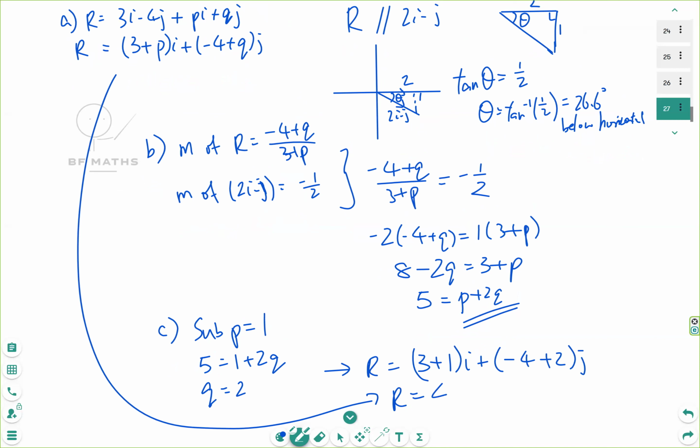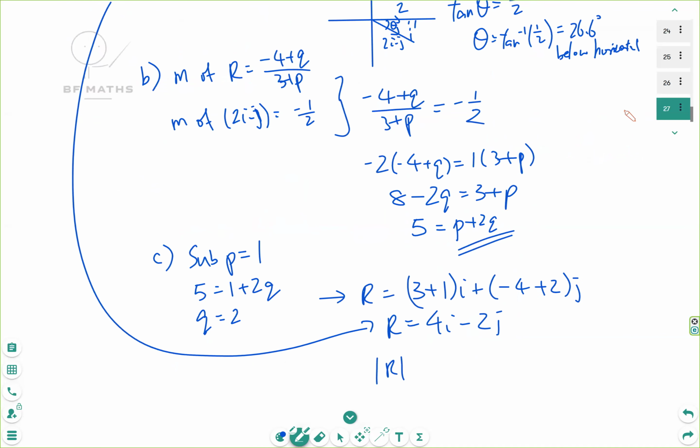So r equals 4i minus 2j. To find the magnitude, square root of 4 squared plus 2 squared. The minus doesn't matter because when you square, it doesn't matter. So 16 plus 4, which is, put in calculator, 2 root 5.